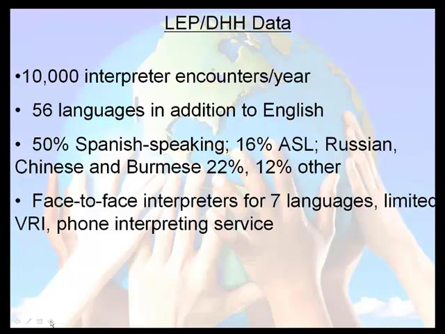Russian and Chinese switch places back and forth for third and fourth most used. And this year, the fifth most frequently used is Burmese. Last year it was Arabic, and the year before that it was Bosnian. That is due to our being an area of immigration and refugee resettlement, and that would also account for a lot of the other of those 56 languages.